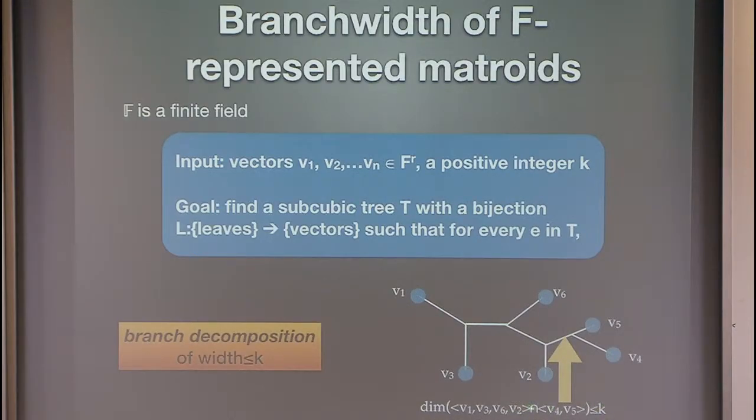The order is defined as follows: take the subspace spanned by one part of the vectors and the subspace spanned by the other part, and look at the intersection of them. This is called a branch decomposition, and you can extend this definition to any matroid with a different way of defining the order, which is just a generalization of this definition.